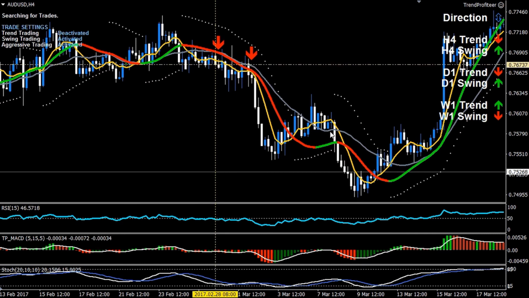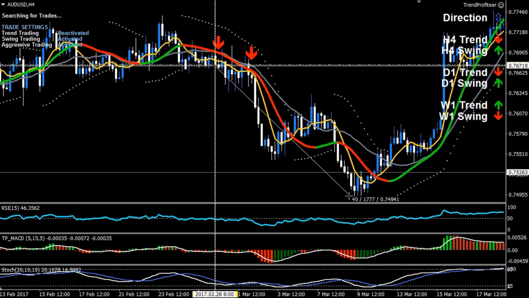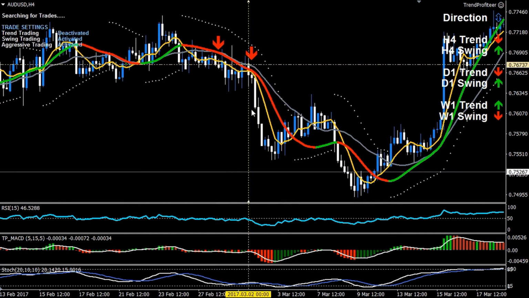Now we may have survived this, we may not have. If we did, then it went all the way down to just on 180 pips, giving us a 6-to-1 reward to risk ratio based on the 30 pips that we risked when we took this trade. Now, let's have a look at this example.